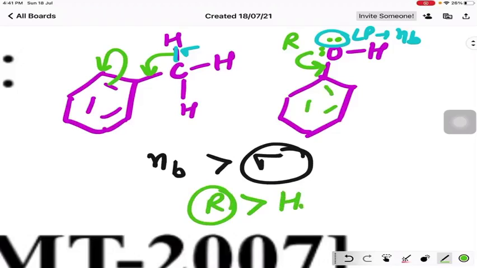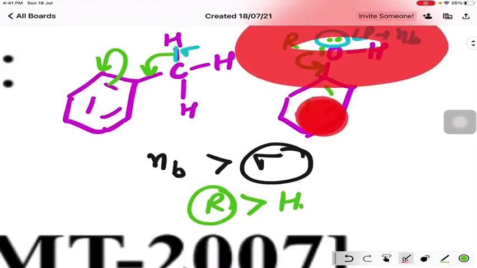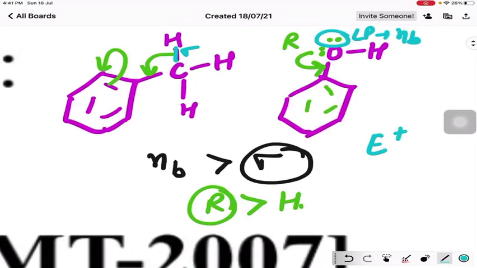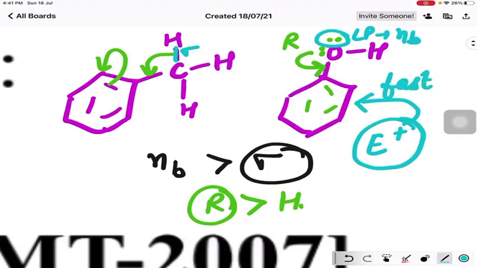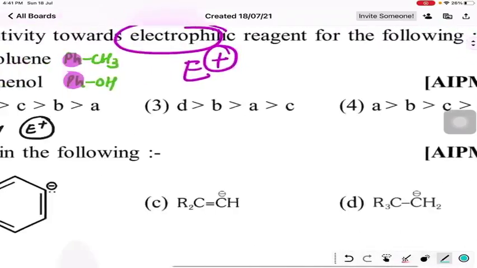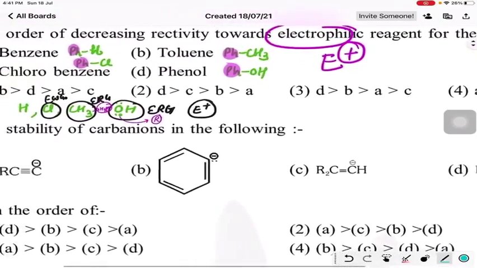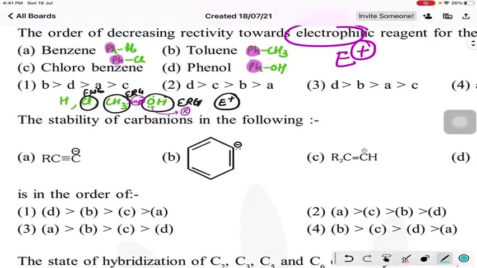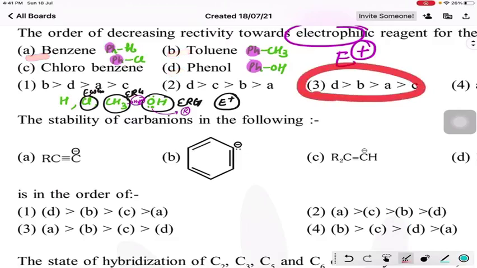It will effectively increase the electron density on the benzene ring and thereby increase the rate of attack of the electrophile. Here it will be fast. So the most reactive is phenol, then toluene, then benzene. So this is the order, DBAC. This is your third option. The third option is the correct option.